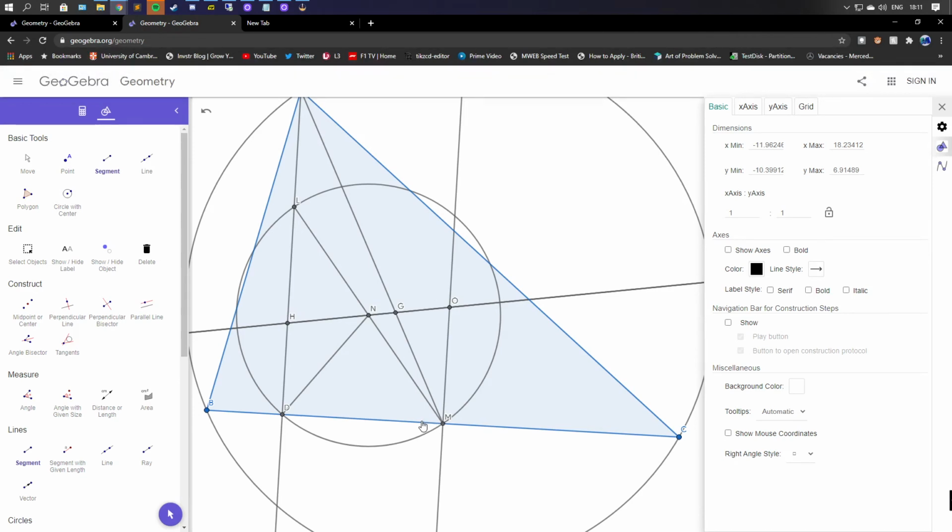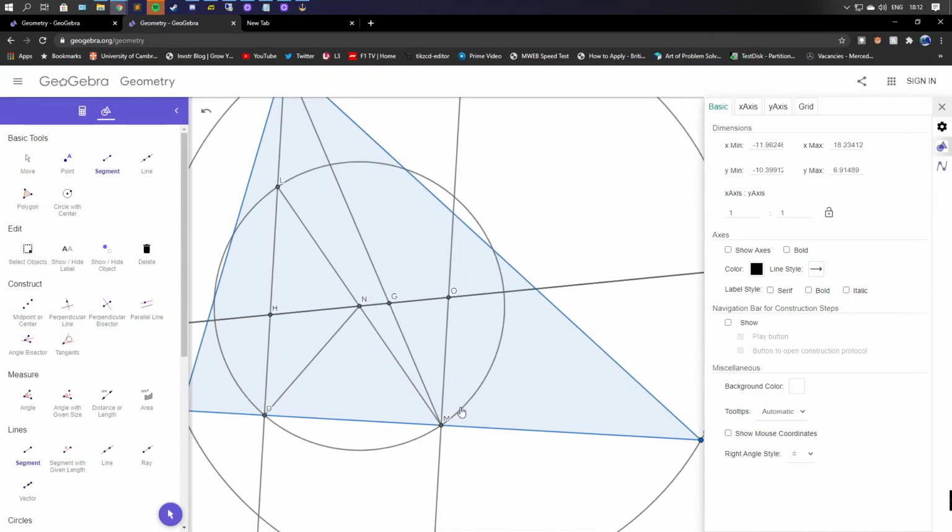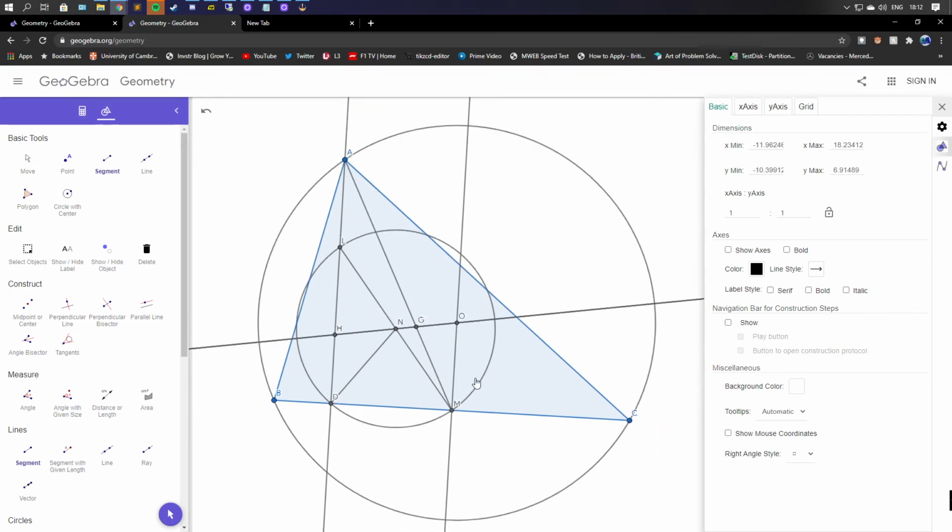Furthermore, we now want to show that OM is equal to HL. I think that is the way we want to do this. And the way we are going to do that is by, oh yes, sorry, I'm being stupid.